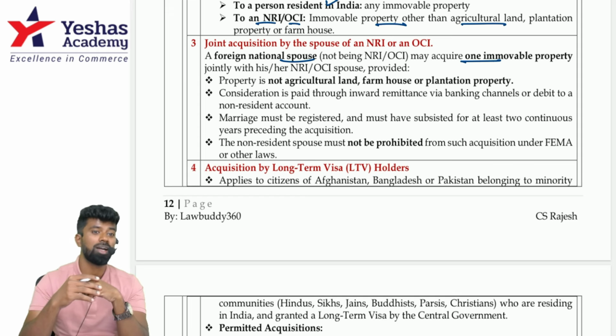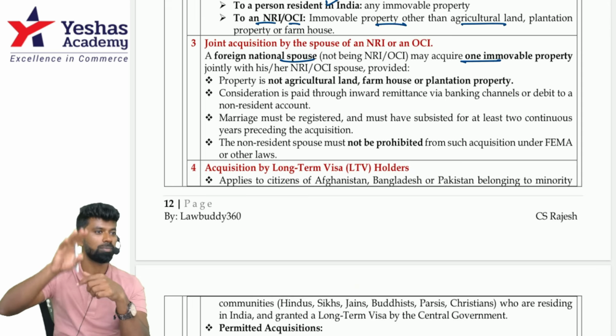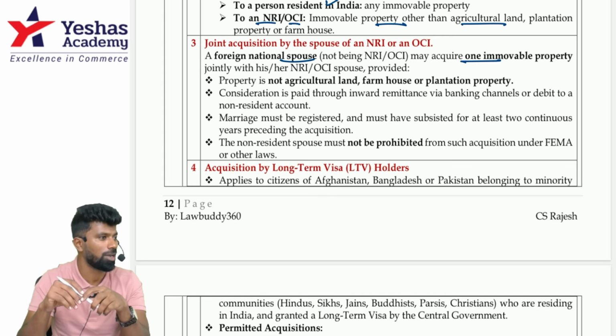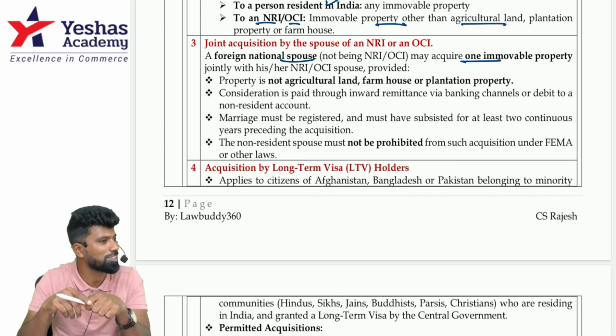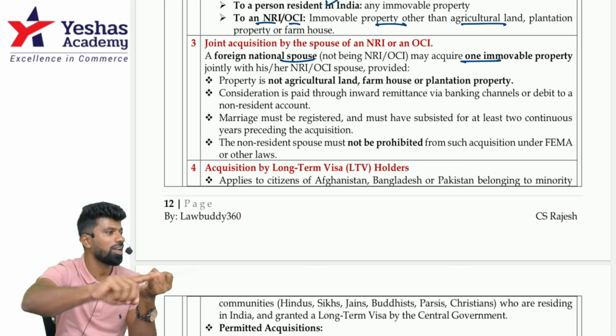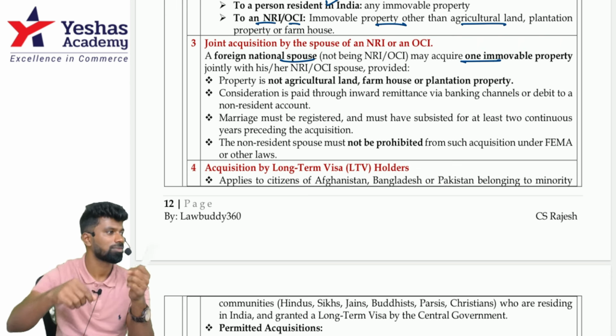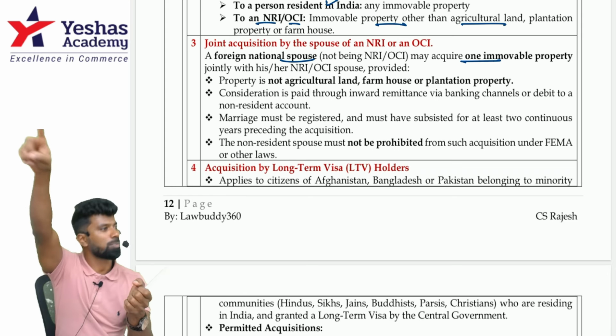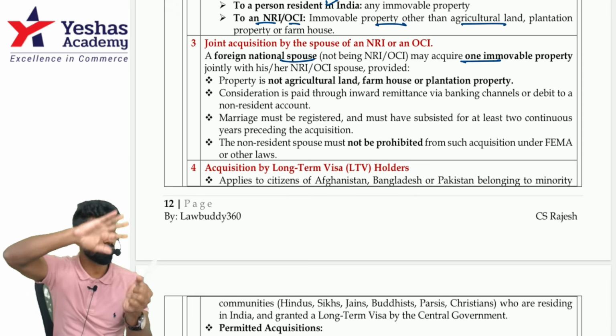Now he wants to acquire property in India, in Ballari. Can he purchase property in Ballari first of all? He's a foreign national, an England citizen. He's not an NRI. He's not an OCI. Can he purchase property individually? Yes, but it requires approval of whom? RBI, and those restrictions are there.